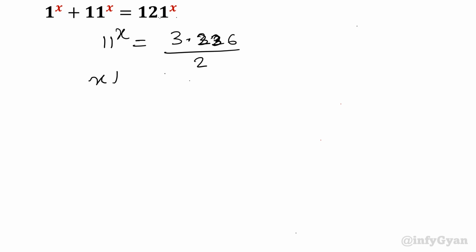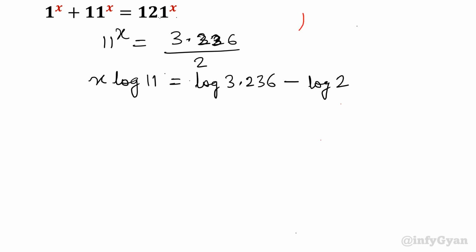So x log 11 is equal to log of 3.236 minus log 2. What is that property of log? Let me write it. Log a over b can be written as log a minus log b.